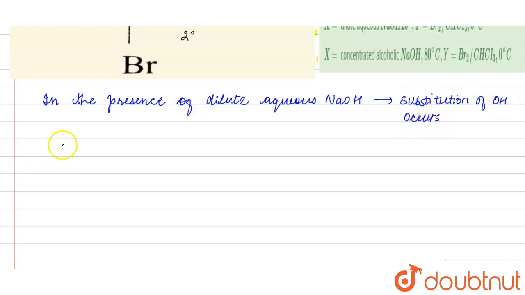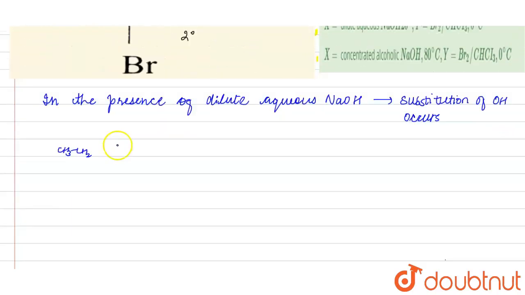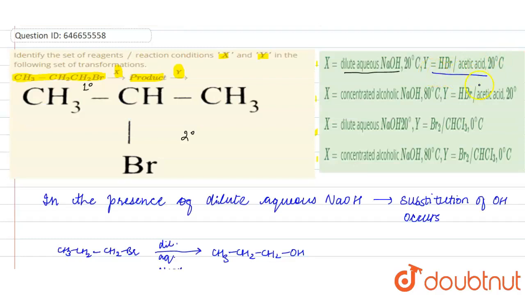That means when this primary alkyl halide CH3CH2CH2Br reacts with dilute aqueous NaOH, it will form alcohol, CH3CH2CH2OH.